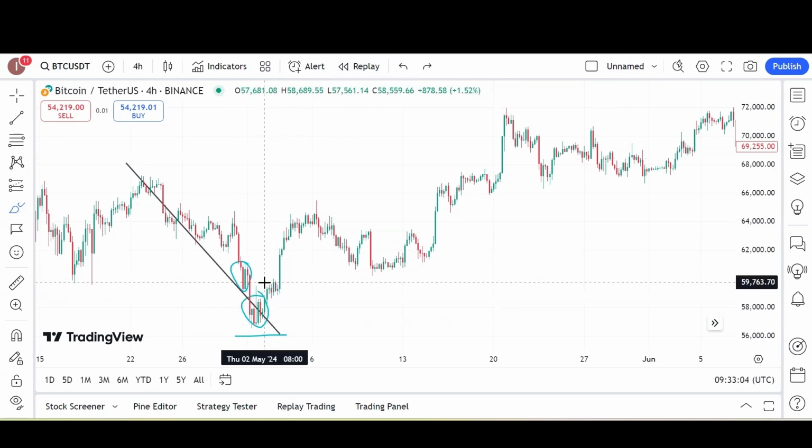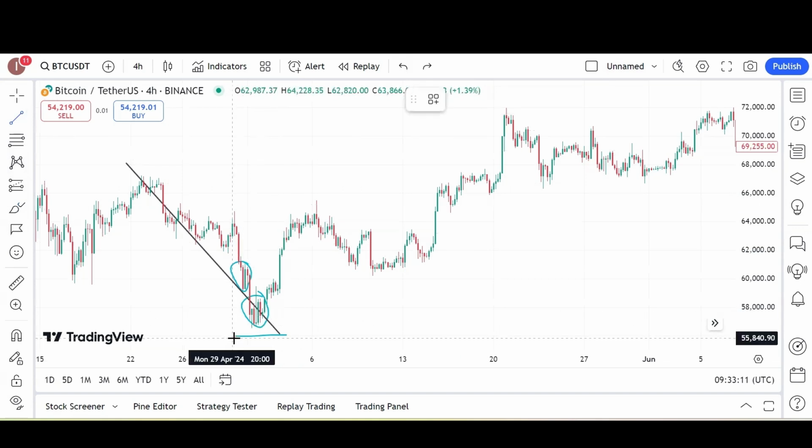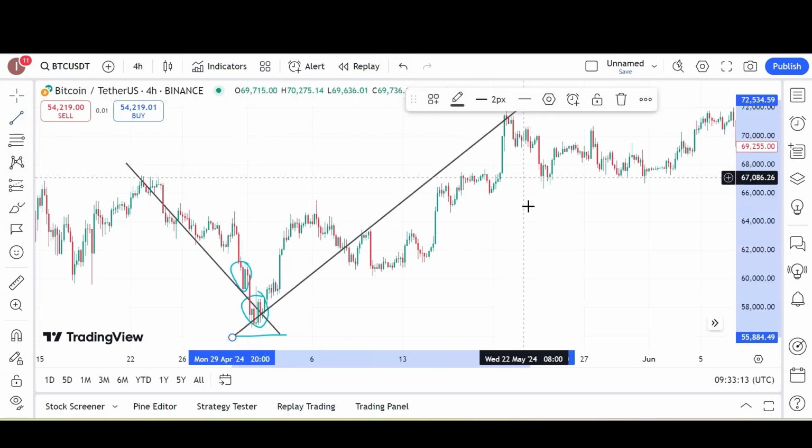Okay, this is the green candle that engulfs the red candle, and now the market is in an upward direction.